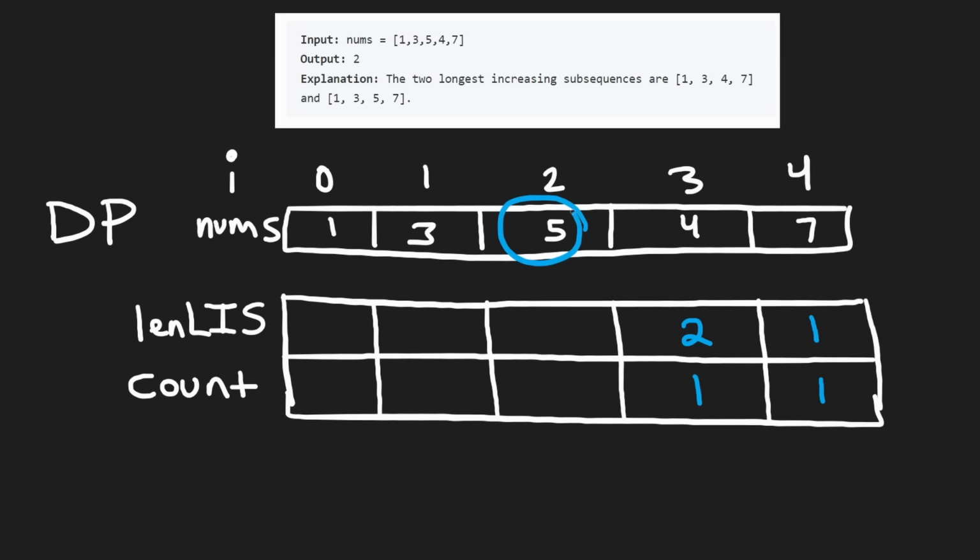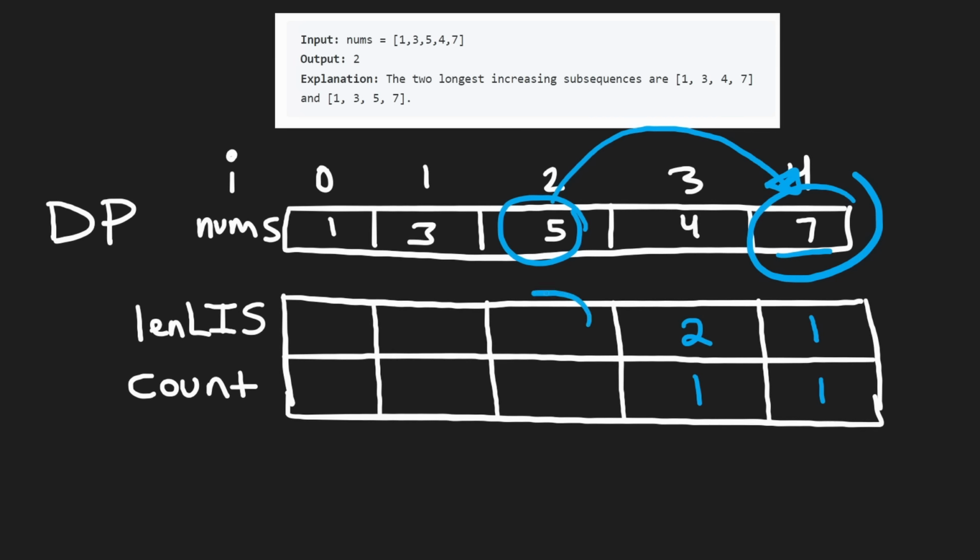So for 5, we actually have 2 values that come after it. One value is 4. Is 4 greater than 5? No, it's not. So we actually cannot include this in our subsequence. So we don't look at 4 anymore, but we have a second value that comes after 5. We have a 7, and 7 is greater than 5.